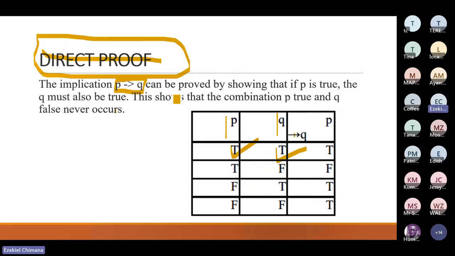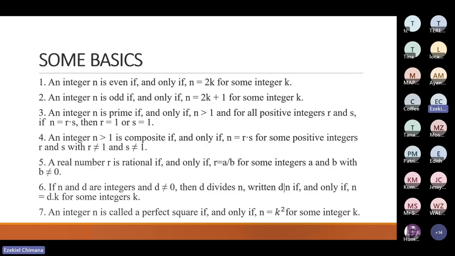That's P implies Q. So on direct proof, if we prove that P is true, it also implies Q is true. So there are some basics on direct proof.